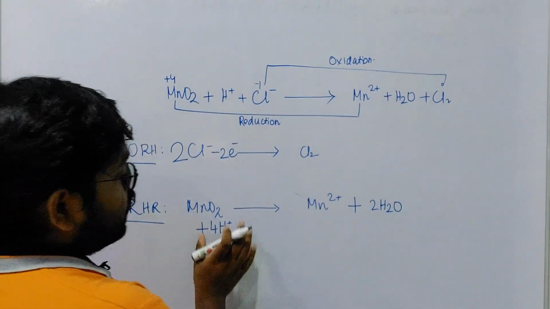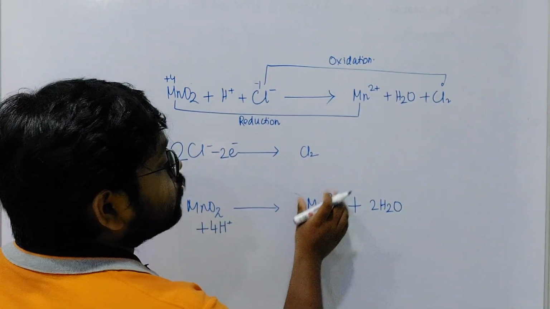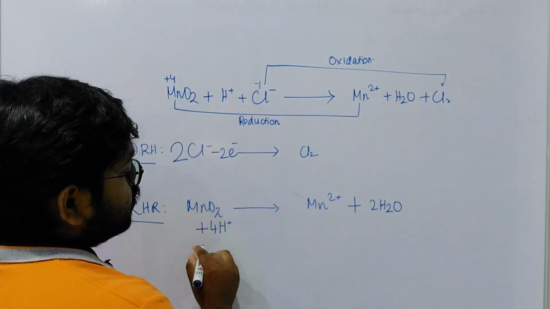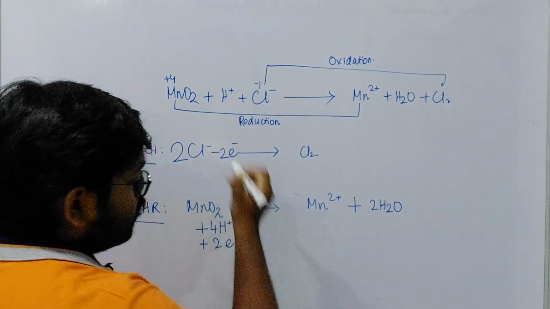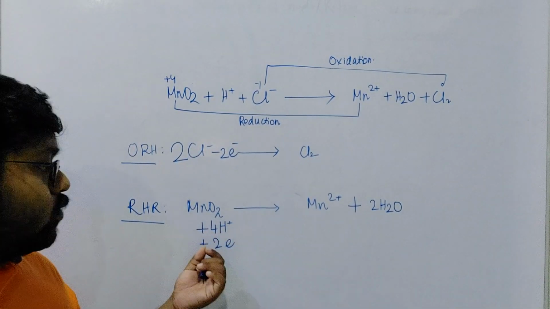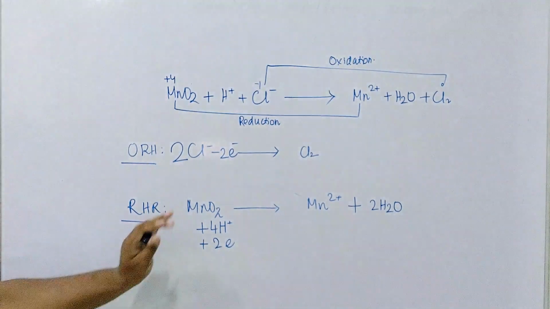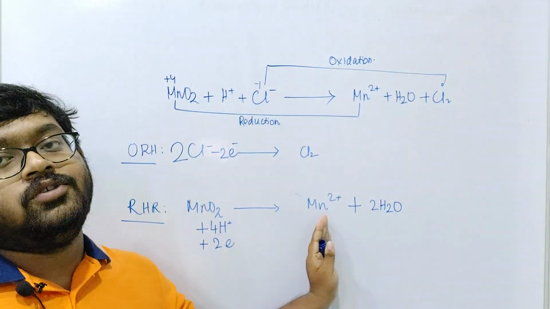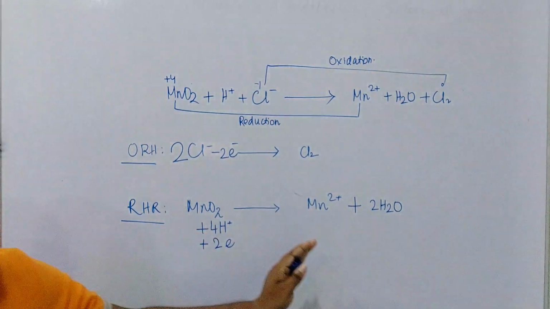On the left hand side 4 positive charge, right hand side 2 positive charge. So how can this be done? Simply add 2 electrons on the left hand side. 2 electrons will cancel out 2 positive charges, and 2 other positive charges will remain on the left hand side. On the right hand side there are already 2 positive charges. So it is already balanced.